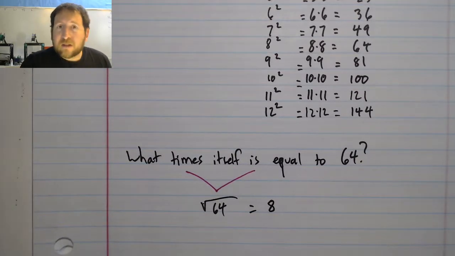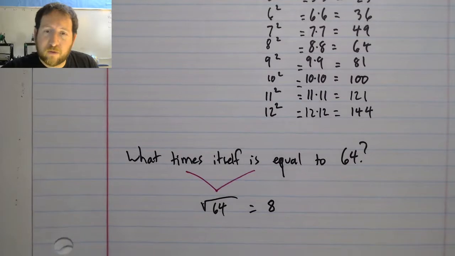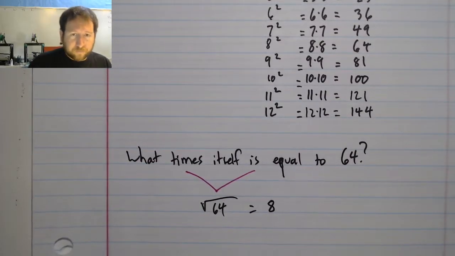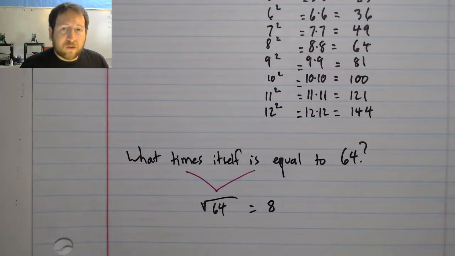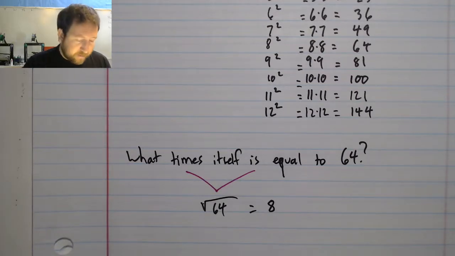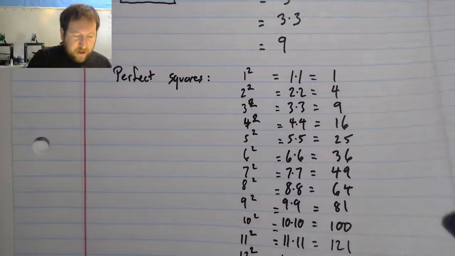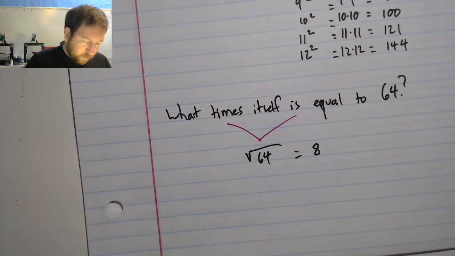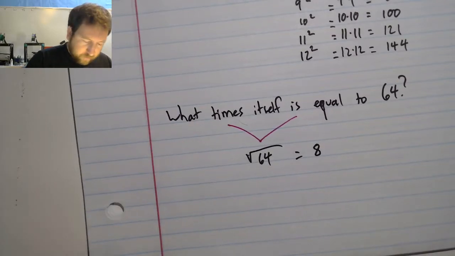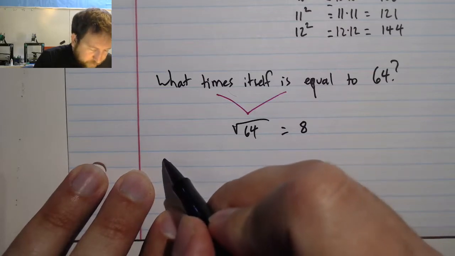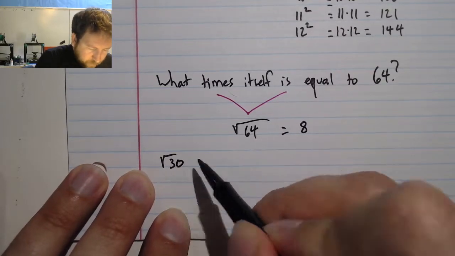Pretty much this section is going to be asking you to evaluate some square roots using the ones that we know. And they're also going to be asking what happens when we have a square root that is not one of these numbers. So for example, say I ask you to evaluate the square root of 30?